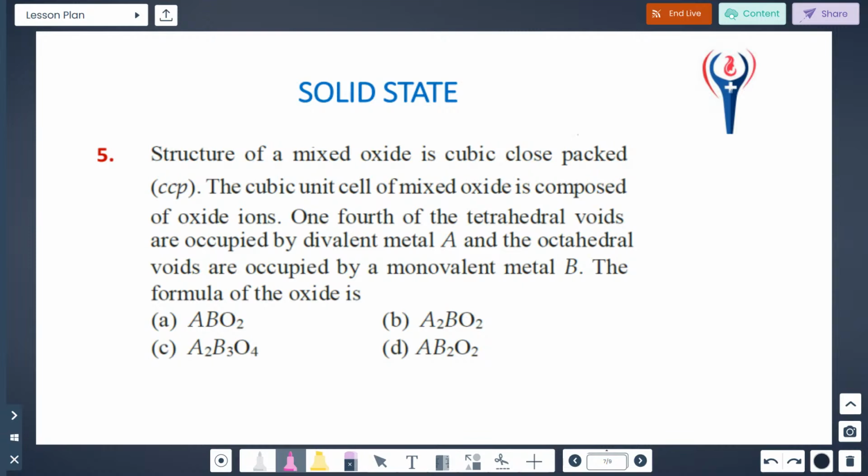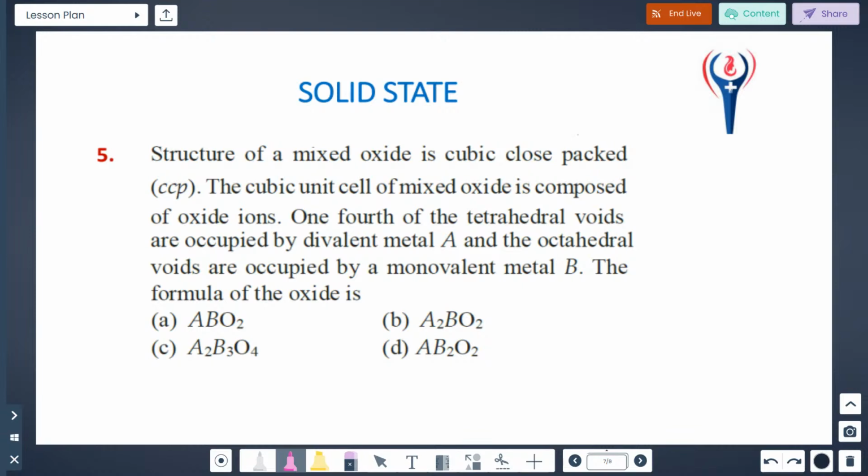Next one, this is also based on octahedrals and tetrahedrals. Here, see that the structure of mixed oxide is cubic close pack (CCP). The cubic unit cell of mixed oxide is composed of oxide ions. 1/4 of the tetrahedral voids are occupied by divalent metal.